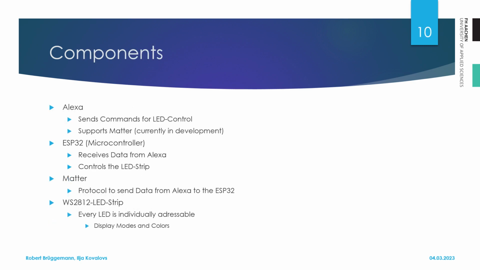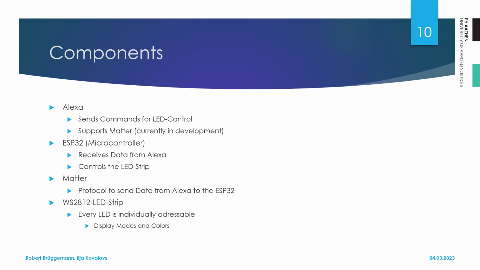As components we used an Echo Dot with the Alexa smart home assistant, which should send the commands for the LED control and which currently supports Matter, which is currently in development for the Alexa. We also use the ESP32 microcontroller, which acts as the interface between the Alexa and the LED strip.